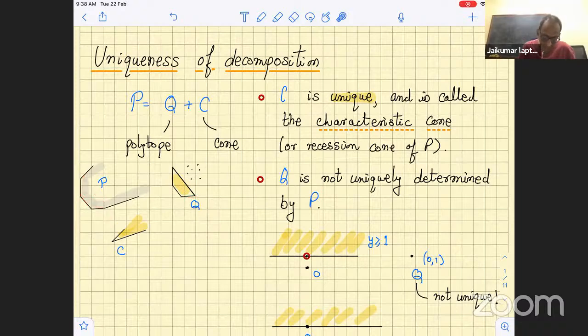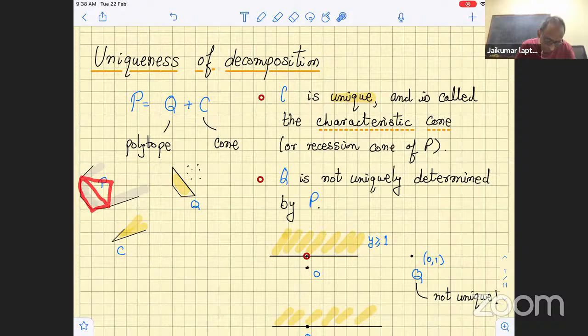Now one could ask, is this Q unique and is this C unique? This is what Srijato asked last time. Is this decomposition unique? He also pointed out that there are, of course, trivial ways in which it can be made not unique. For example, this was our original polytope.